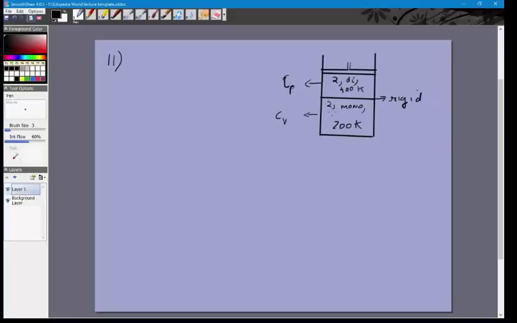And if you assume that the final equilibrium temperature is T, then obviously the lower part will give heat.